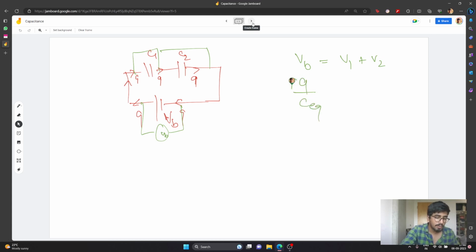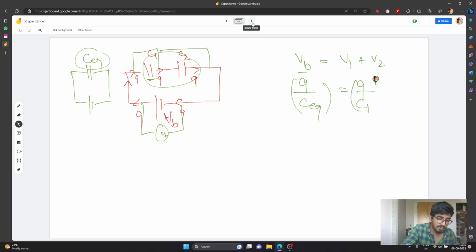Again, we replace this by an equivalent circuit, so both of these are replaced with one equivalent capacitor. That becomes Q by C equivalent, and V1 plus V2 becomes Q by C1 plus Q by C2, because the same amount Q has flown. And so you can cancel the Q's.